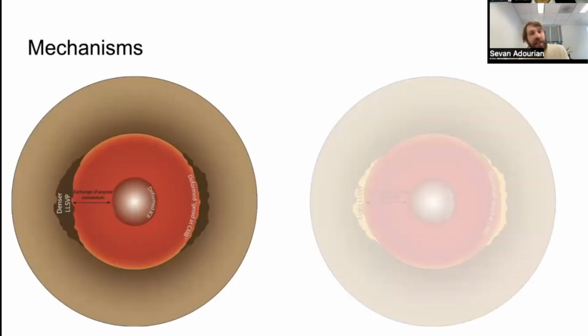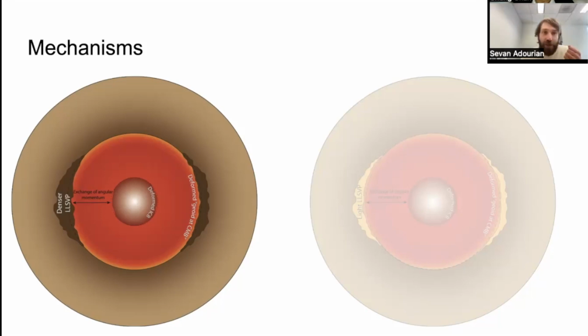So just to come back again to the mechanism I was explaining earlier, we call those LLSVPs, for large low shear velocity provinces. They are features that are pretty consistent across all the tomographic models. You have 2 LLSVPs, one under the Pacific and one under the African continent.